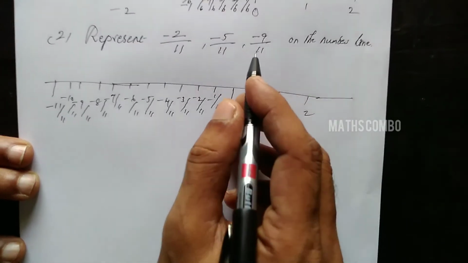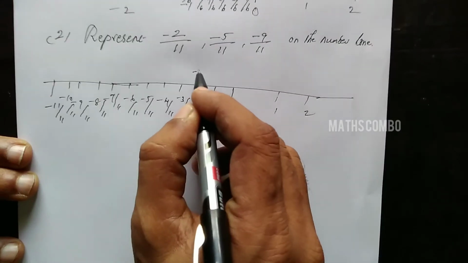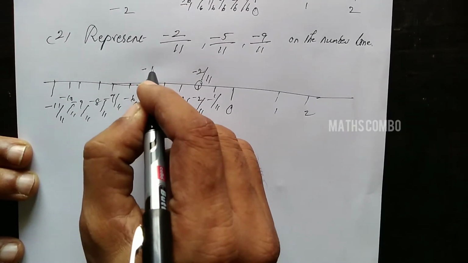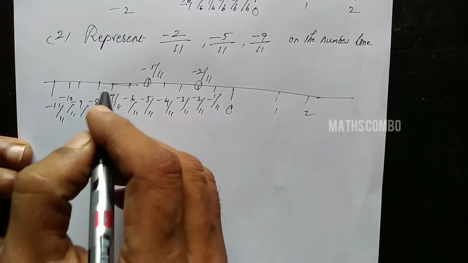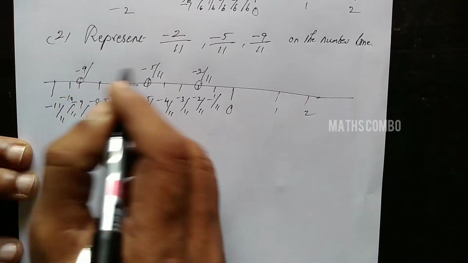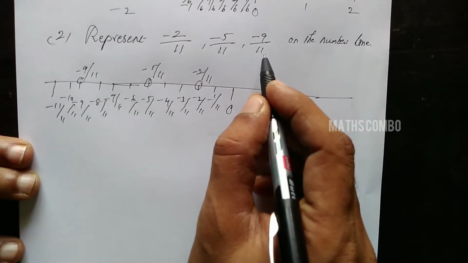So they have asked minus 2 by 11. It is one thing. Second one is minus 5 by 11. Third one is minus 9 by 11.